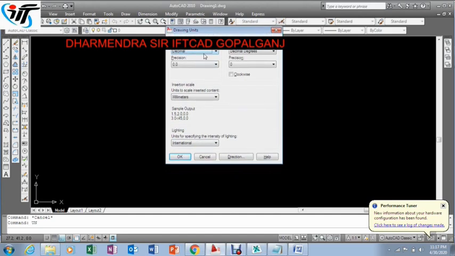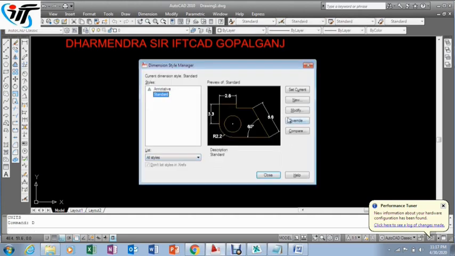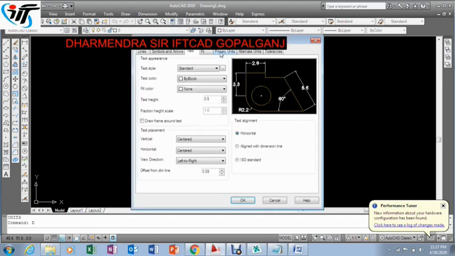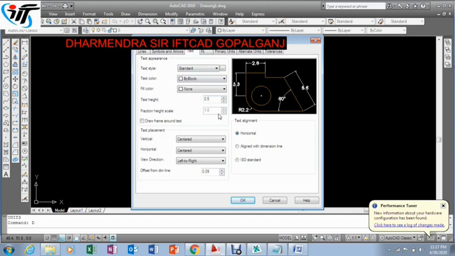Here I have chosen the length type as decimal, precision 0.0, and the insertion scale as millimeters. Now the dimension style manager. Here I go to Modify, then pick Primary Units. I may use decimal also, and the precision would be 0.0. I can take the text height as 0.5; the default size was 0.18.